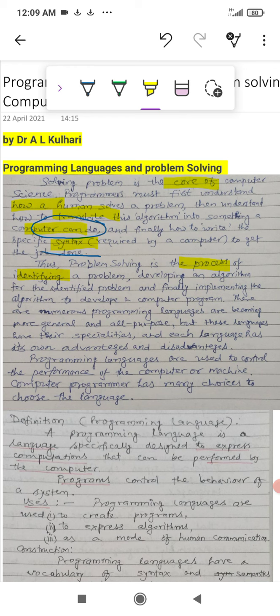First हम problem identify करें and then develop an algorithm for this identified problem, and in step third or finally, implementing the algorithm to develop a computer program.